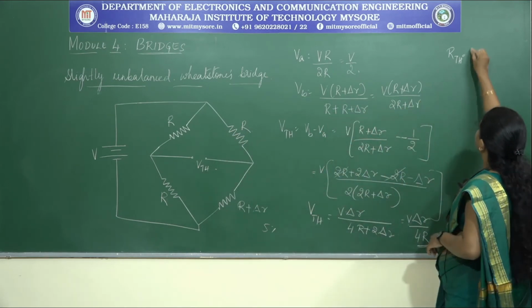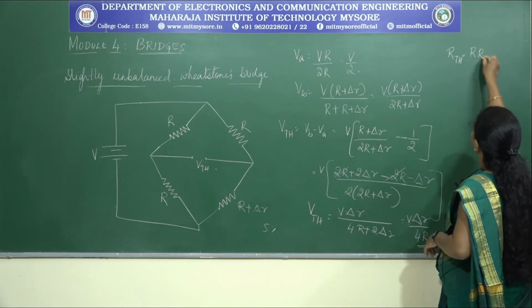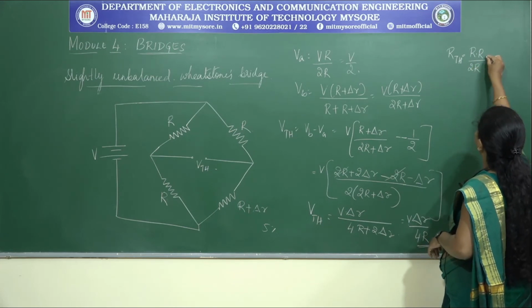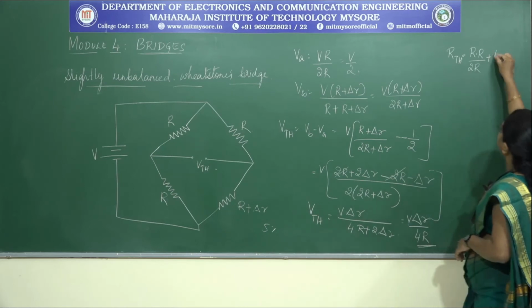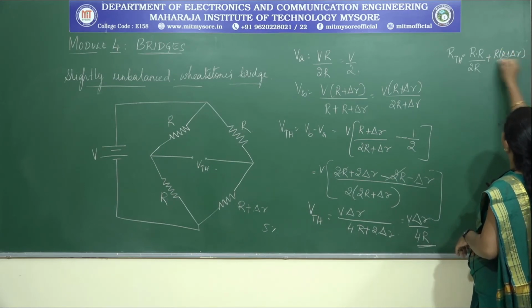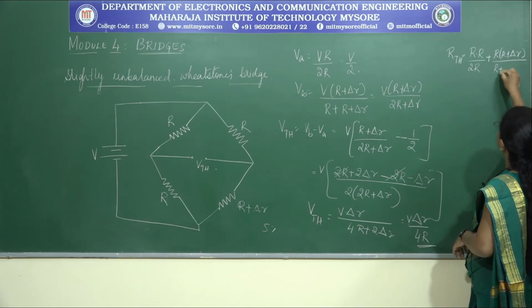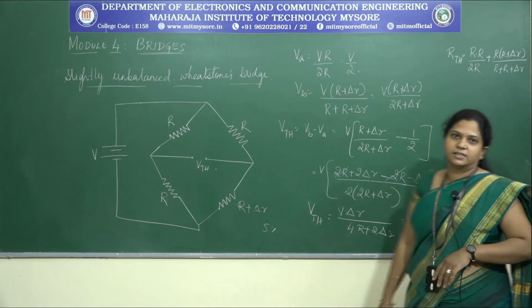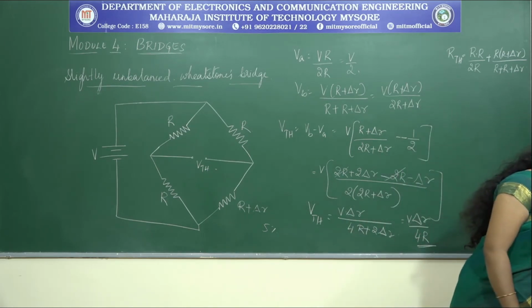So R into R plus R into R divided by 2R, plus R into R plus delta R divided by R plus delta R. This is the Thevenin's equivalent resistance.